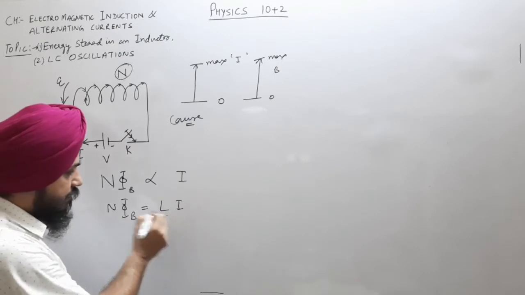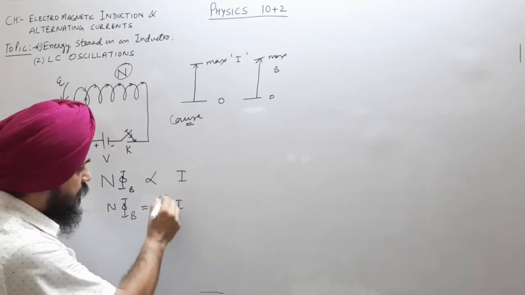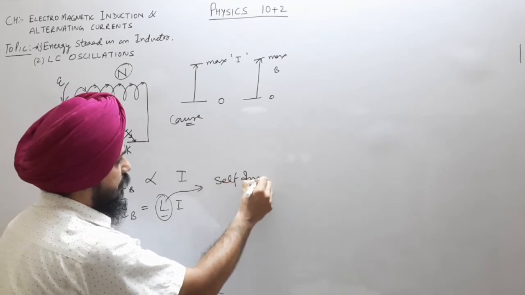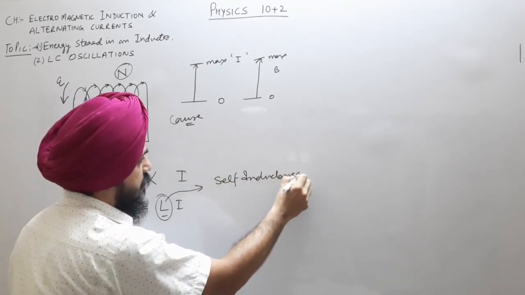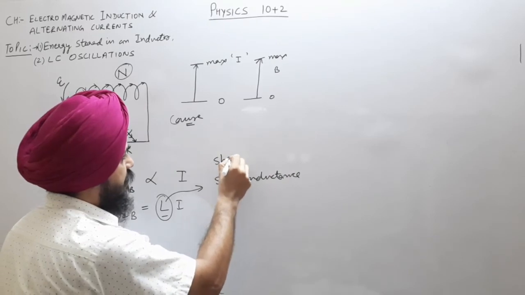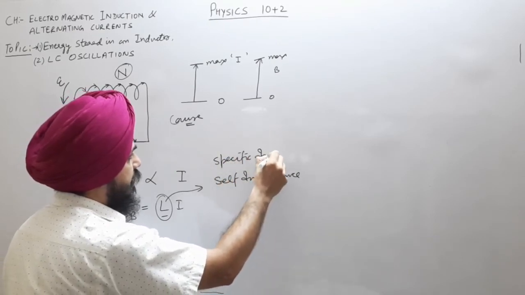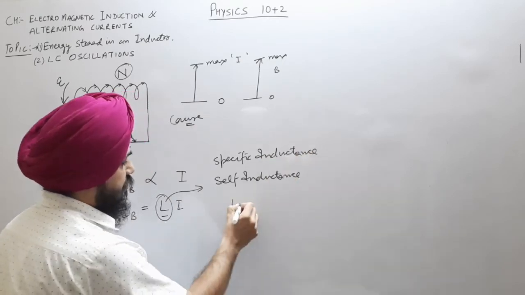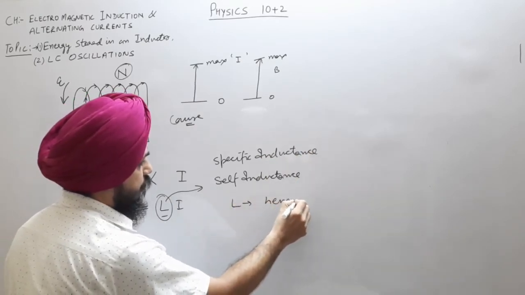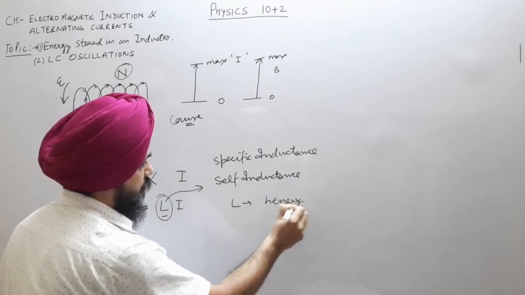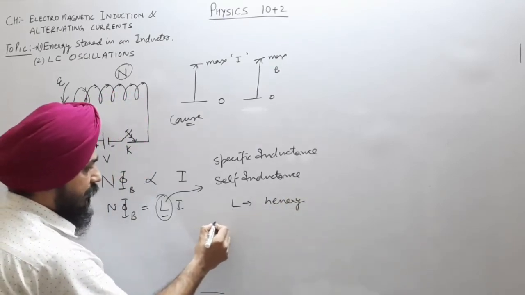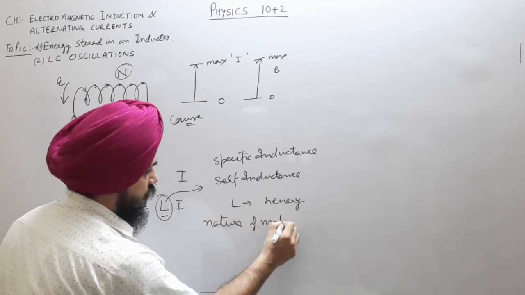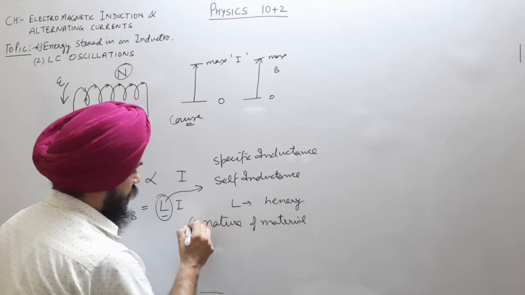So this L is the self-inductance. It is also called the coefficient of self-inductance. Its unit is Henry, and it depends upon the nature of the material of the conductor, number one.